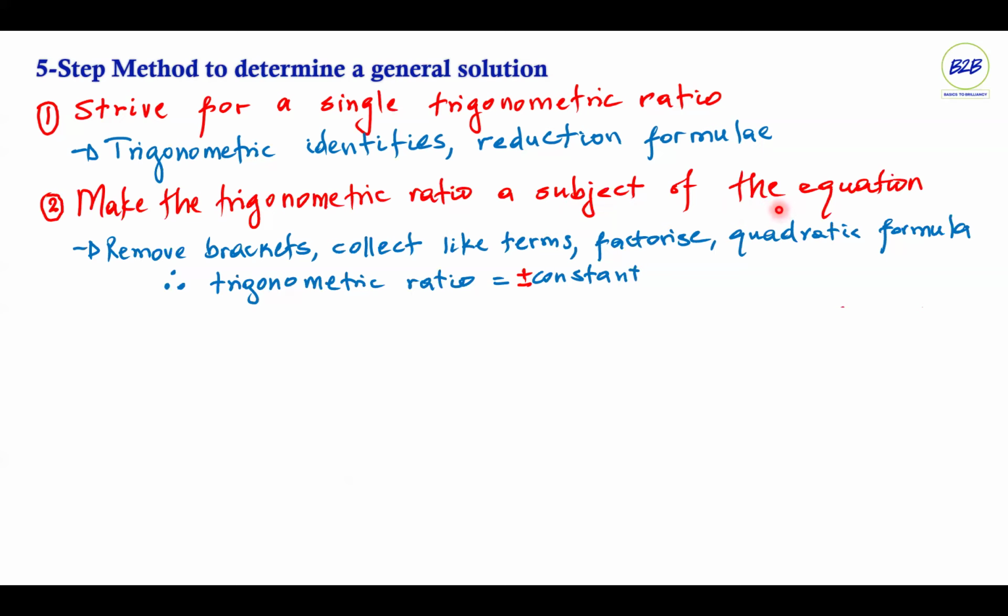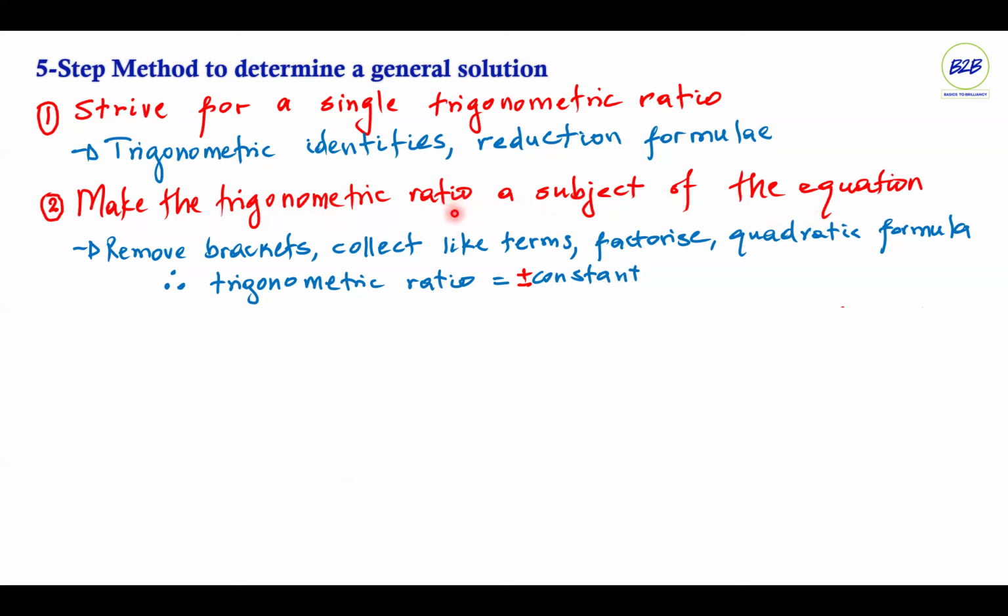That is the second step. What do we want to do? If it is sine, we will make sine the subject of the equation. If that trig ratio is cos, we make cos the subject of the equation. That is the purpose. But then the question is, how do we do that?